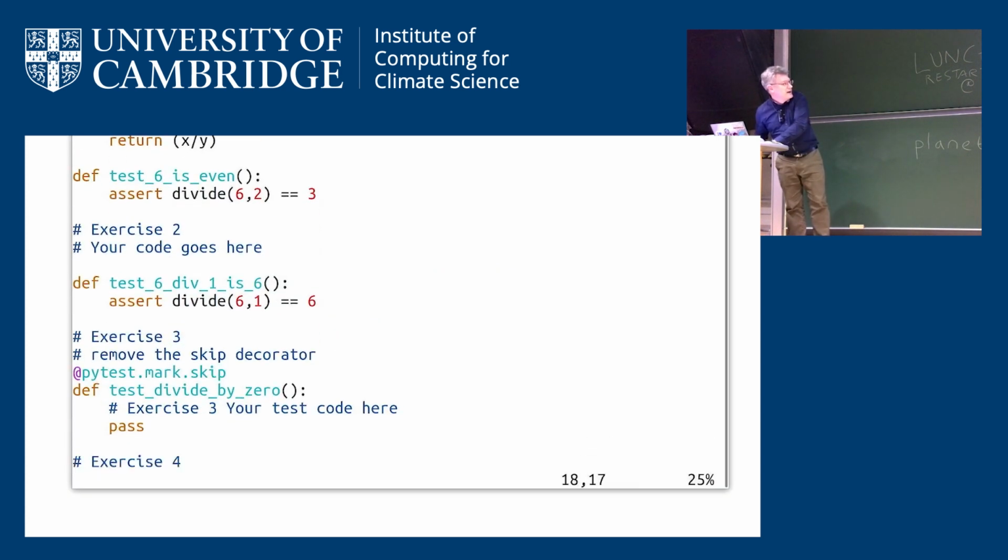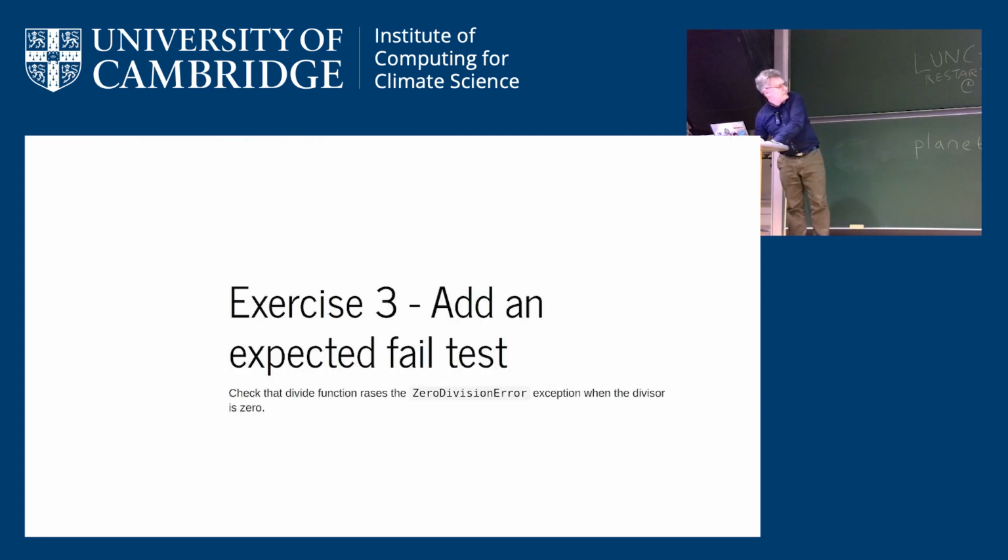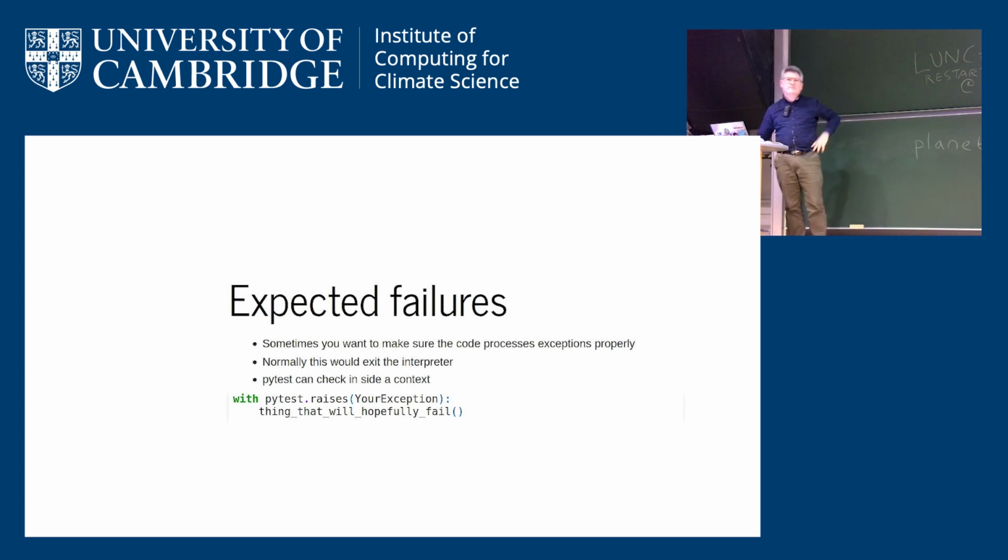What you need to do is uncomment the line that says pytest.mark.skip to make sure it does actually run the test, and then insert your test code where it says insert your test code here, and it should look vaguely like that.